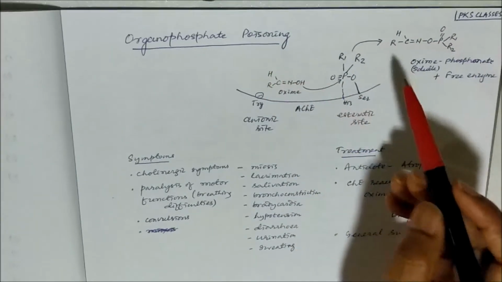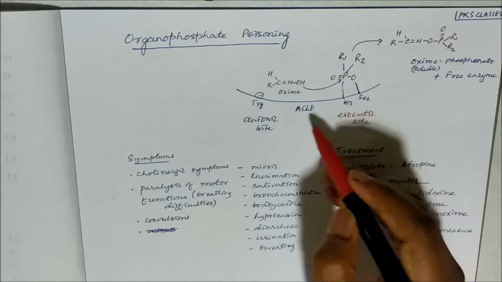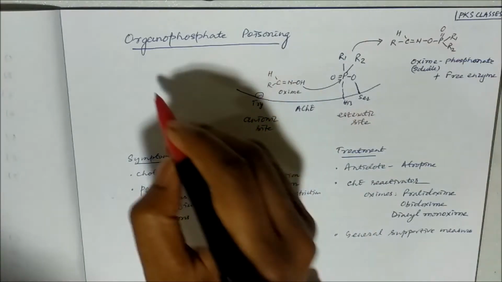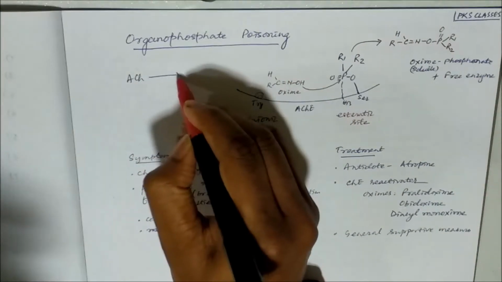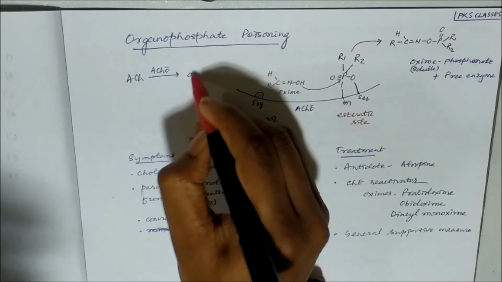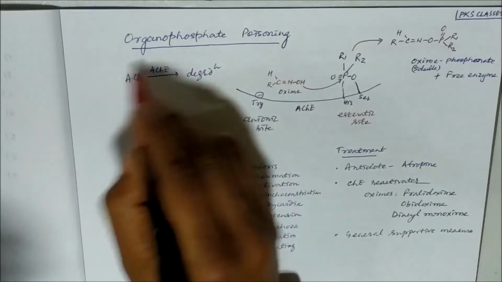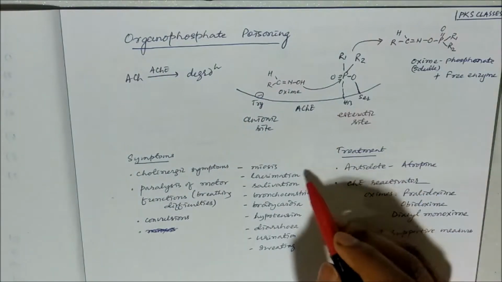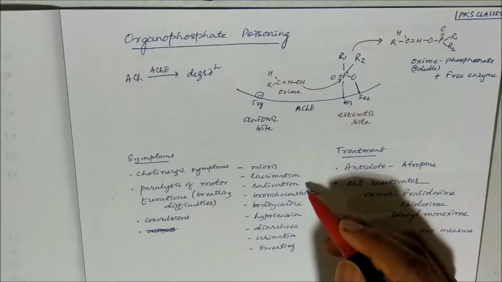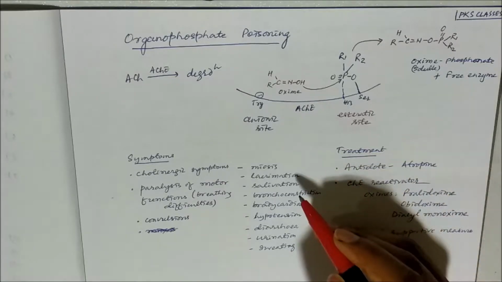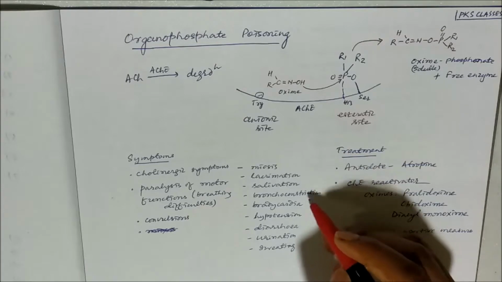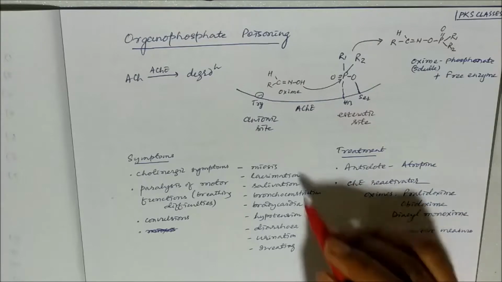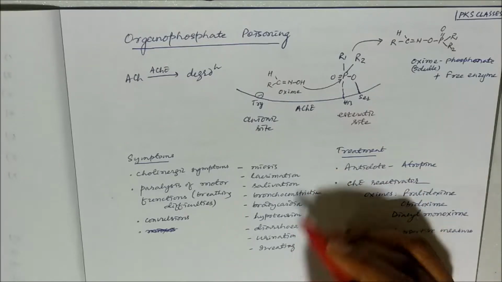So by inhibiting acetylcholine esterase irreversibly, organophosphates cause the acetylcholine level to increase, since acetylcholine is degraded by this enzyme. Because of that, cholinergic symptoms occur, like all the secretions, lacrimation, salivation, miosis, bronchoconstriction, bradycardia, hypotension, diarrhea, urination, and sweating.